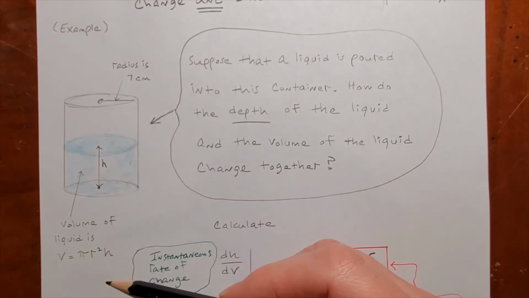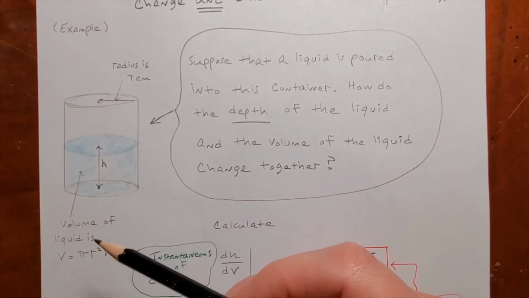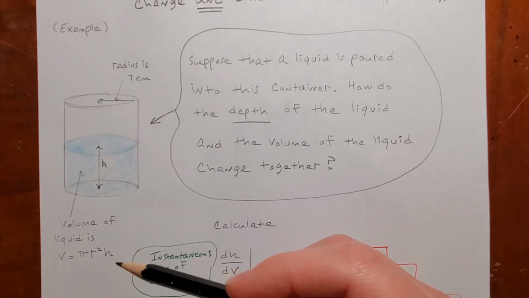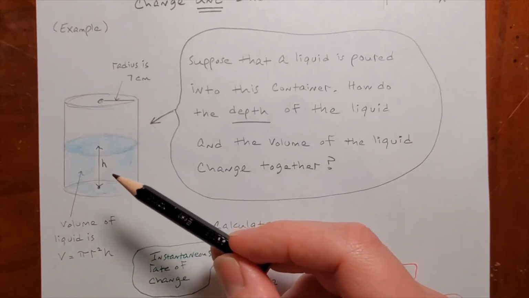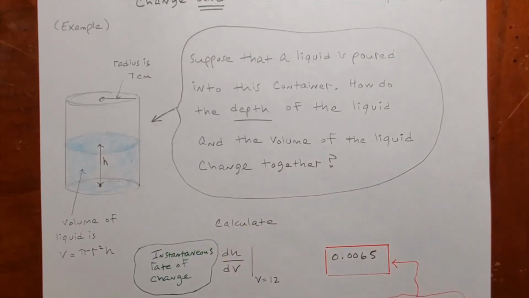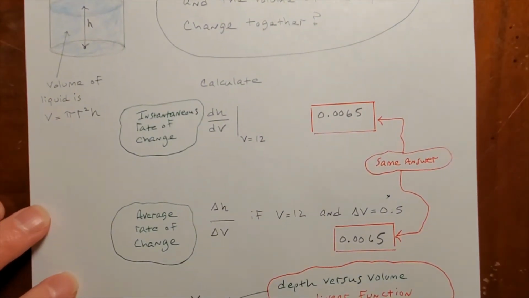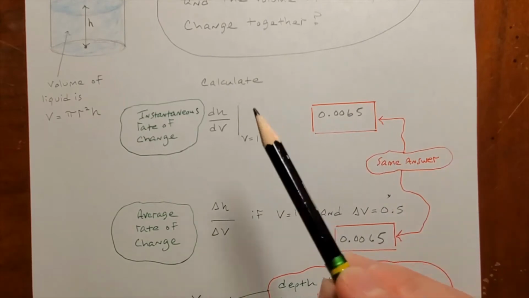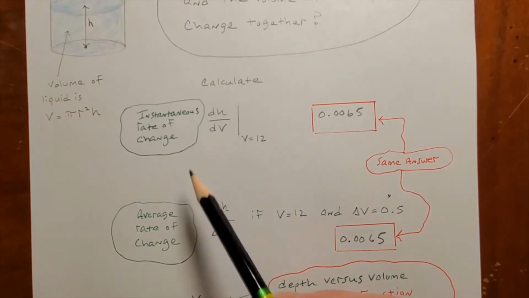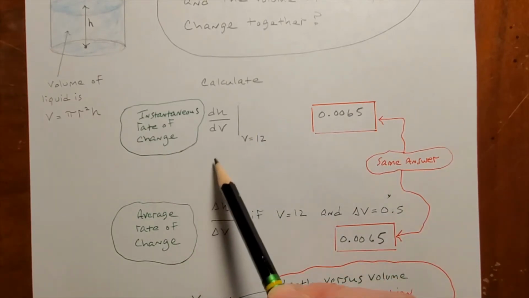So calculus, one thing that we use calculus for is that it's the math that describes changes. When change in one variable causes change in another, calculus will probably enter the picture somewhere. And in this problem it will, and I'll show you how. So I ask you to do two things: calculate the instantaneous rate of change and the average rate of change.